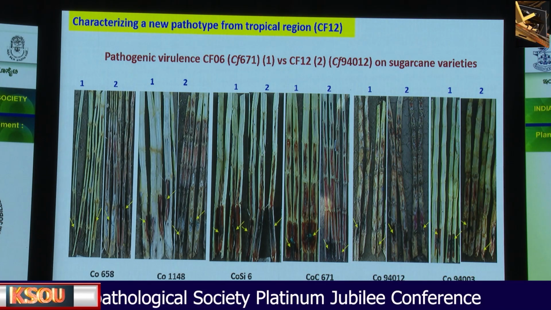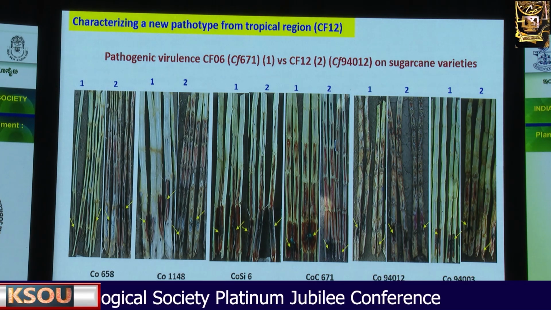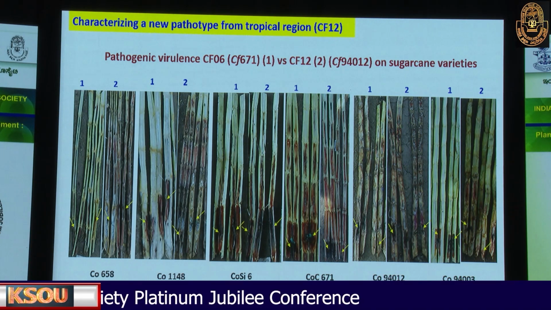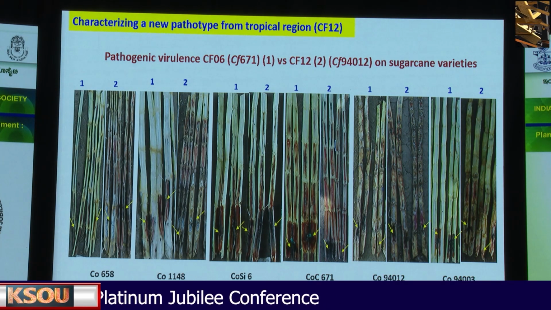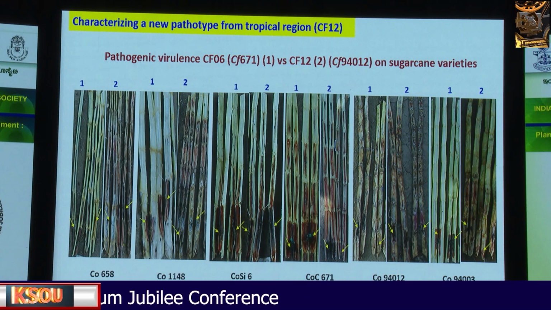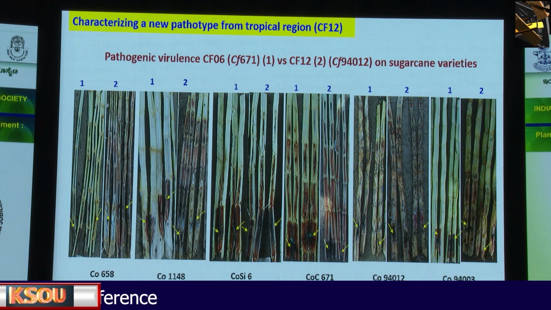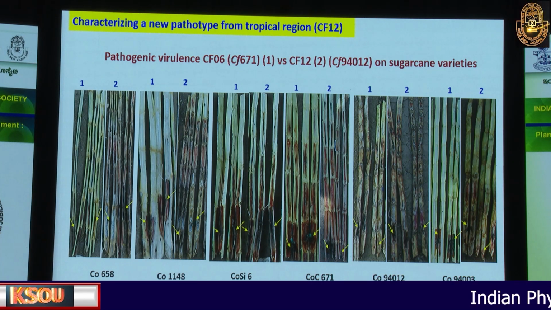It is compared against the previously established one, CF06, which was responsible for the breakdown of resistance in the popular variety COC 671. That was the ruling variety in the 80s and 90s, and the entire tropical region saw this variety go out of cultivation due to red rot epidemics.